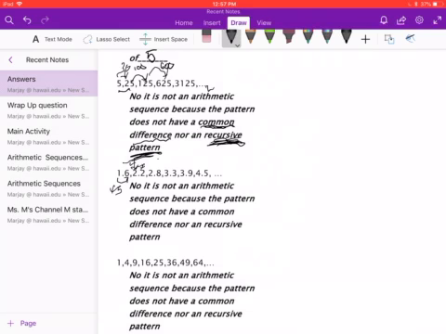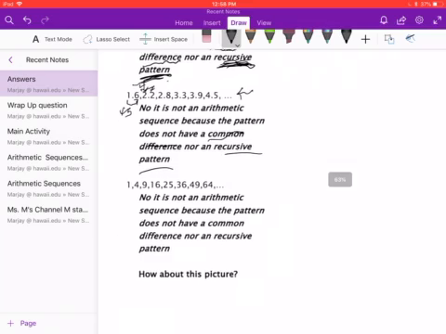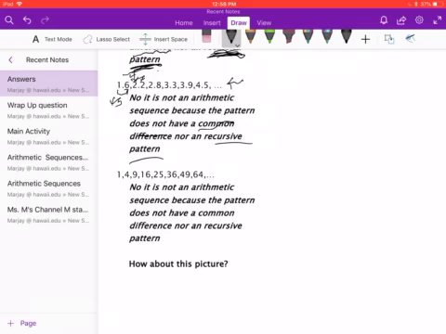And from 2 to 2, they added 0. So it's a weird pattern. It's not even a pattern. It's a weird arrangement of numbers. That's why it's not an arithmetic pattern, because there's no common difference nor a recursive pattern. What about the next one?